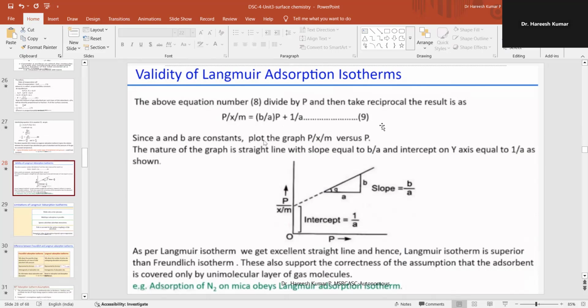That is equation 9. Since a and b are constants, plot the graph of P upon (x upon m) versus P. The graph is a straight line with slope equal to b upon a and intercept on the y-axis equal to 1 upon a, as shown.